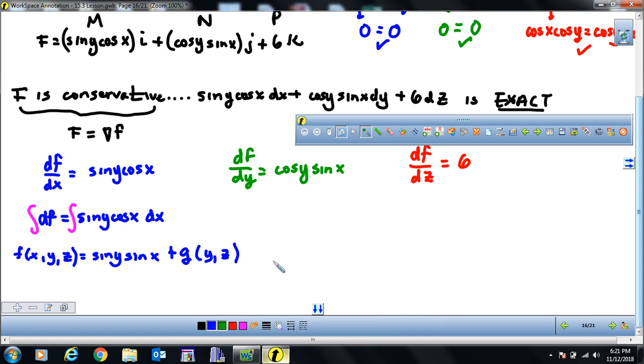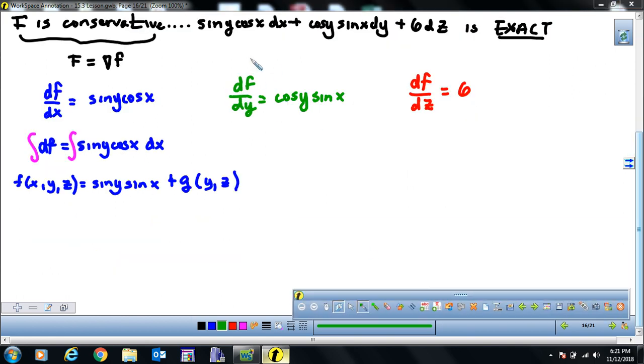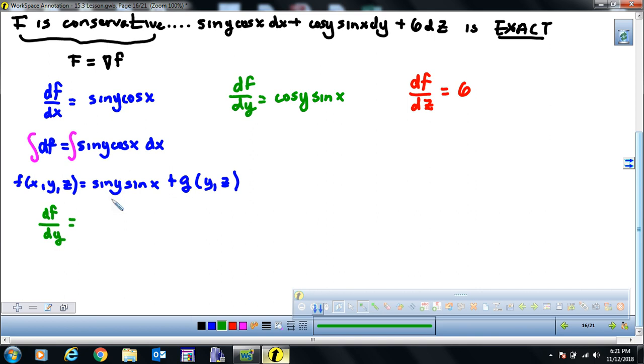Okay? To use the second condition, what we need to do is get the derivative of this potential function now with respect to y. The derivative of sine of y would be cosine of y times the sine of x, of course, plus the derivative of g with respect to y.